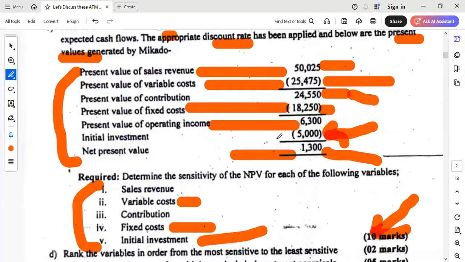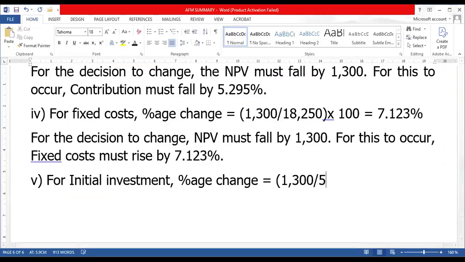It is here. So we multiply by 100%. What do you get? 0.6%.